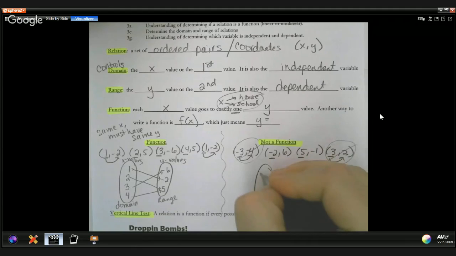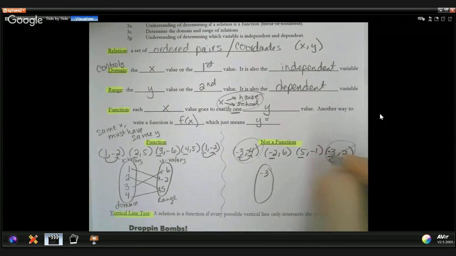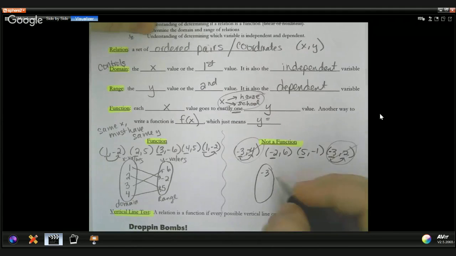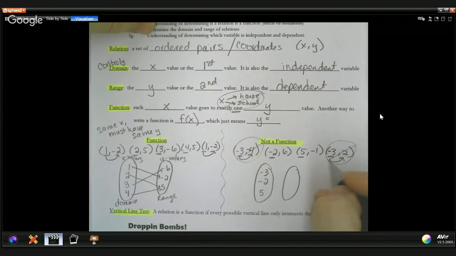My smallest is -3. Oops, I forgot the negative there. If you were getting confused, I wrote it or was thinking it, but I didn't write it. And then what's the next one? -2, and then 5. And then my y values, -4, -1, 2, and 6.